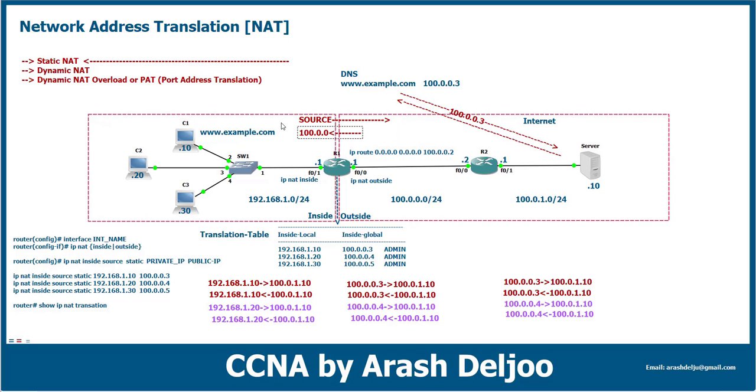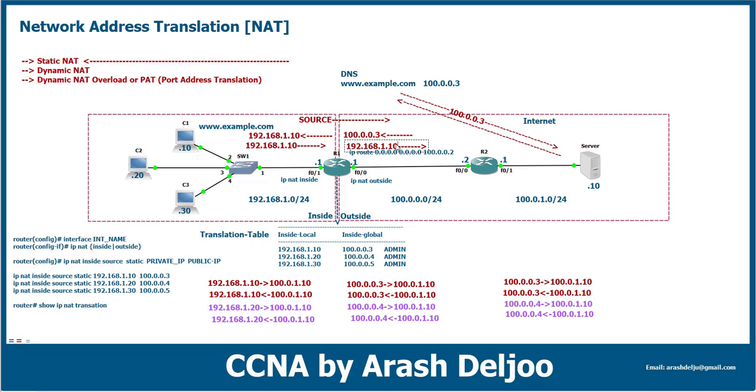Because of that, when this traffic is received in router three, it should match it with this translation table and this record, and it should translate the destination IP to 192.168.1.10. And also when the reply from the server is received here, the source IP is 192.168.1.10, and the router one should translate the source IP to the public IP address.